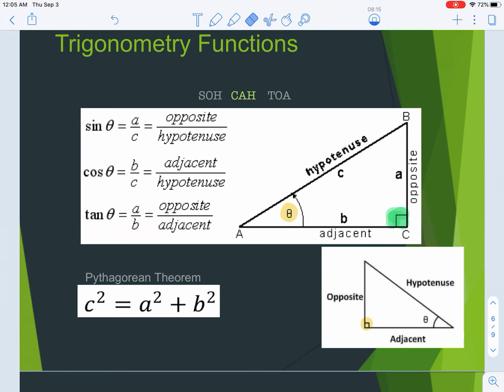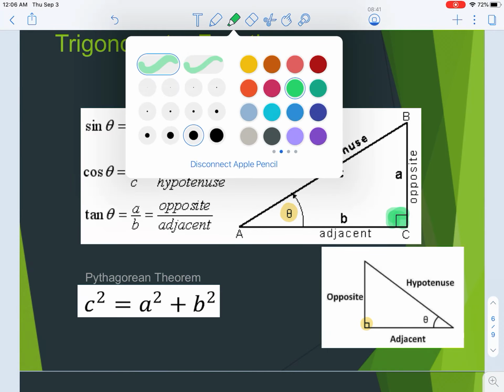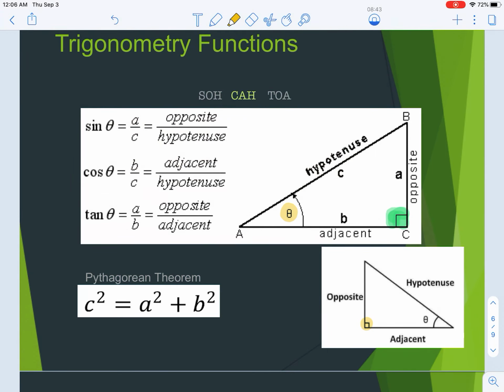So in this particular diagram, my known angle, or the angle that gives us our point of reference, is located in the bottom left-hand corner, and that's highlighted here in yellow. So whenever we are trying to determine what value should be input as the opposite piece of my formula or the adjacent piece of my formula, it's going to be based off of what corner my known angle is located.